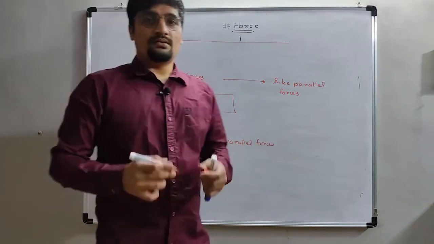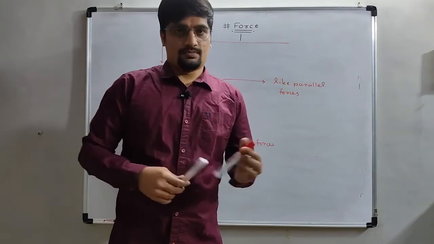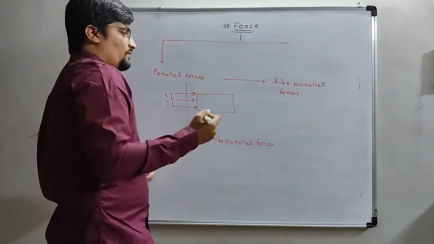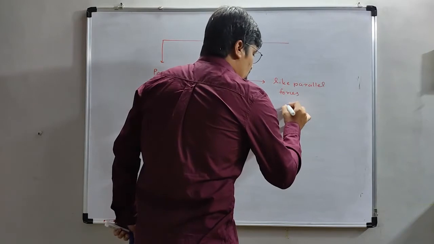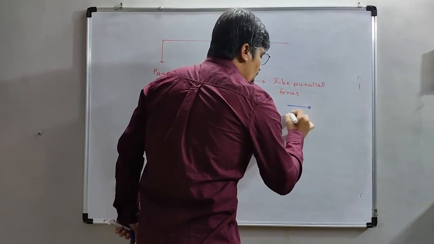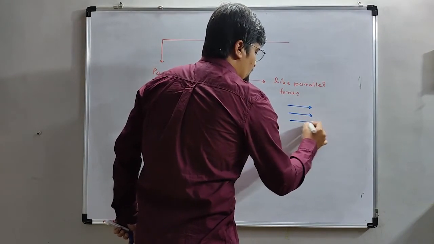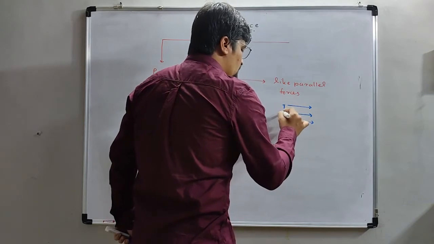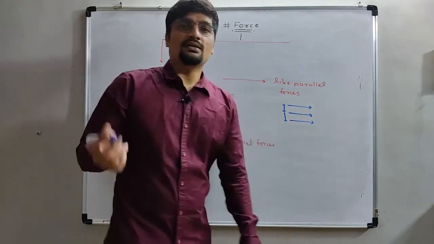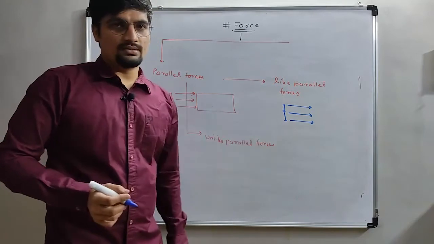How can we differentiate these two forces? The like parallel forces are, it means the direction of the forces is the same and the spacing between these two is also the same. Then it is considered as like parallel forces.